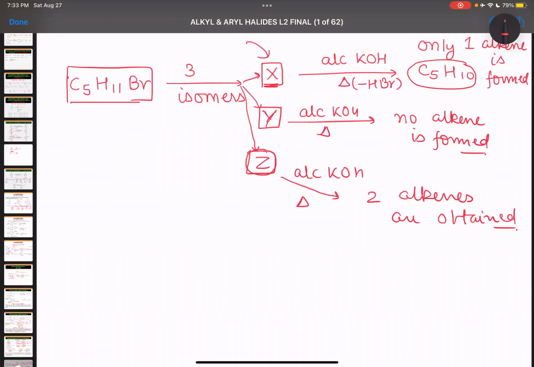Yes. There are 5 carbon atoms. 5 carbon atoms can be like this. It can be like this.